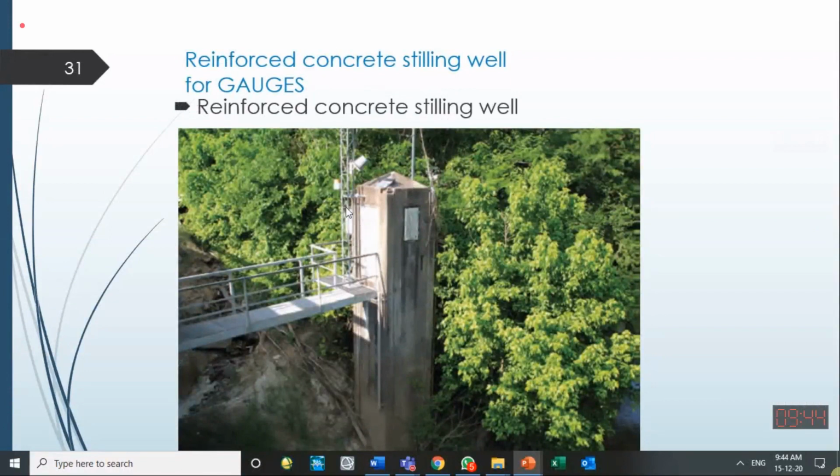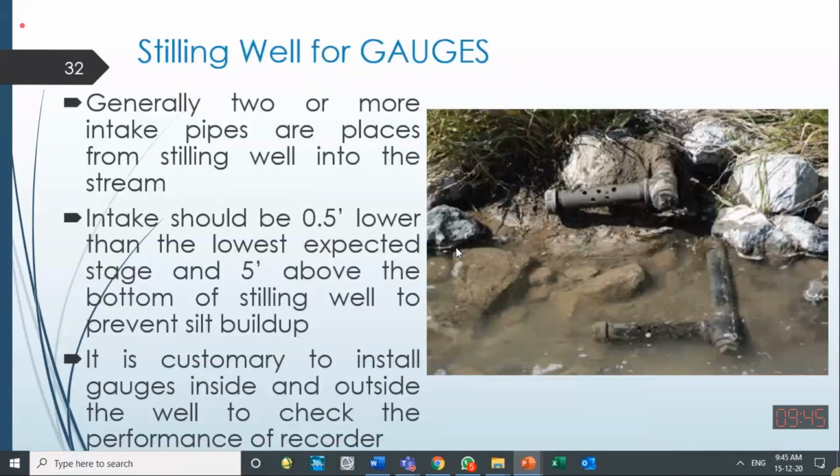For example, nowadays stream gauging stations are provided with a telemetric data transmission, data communication mechanism. So here is the antenna attached to it, so that whatever data is recorded over here can be conveyed to the headquarter, to the meteorological station or headquarter of the hydrological observatory.